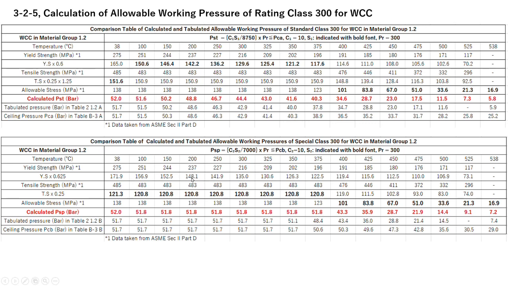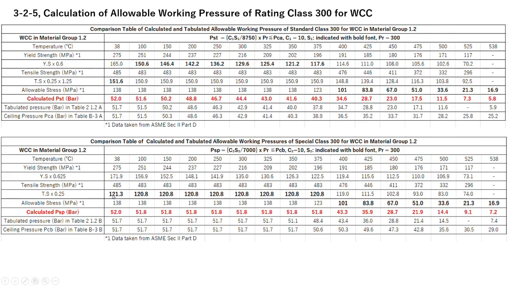So the special class 300. Yield strength multiply 0.625 and tensile strength multiply 0.25. So calculated number assigned here. So compare with this number of which one's lower value indicated.